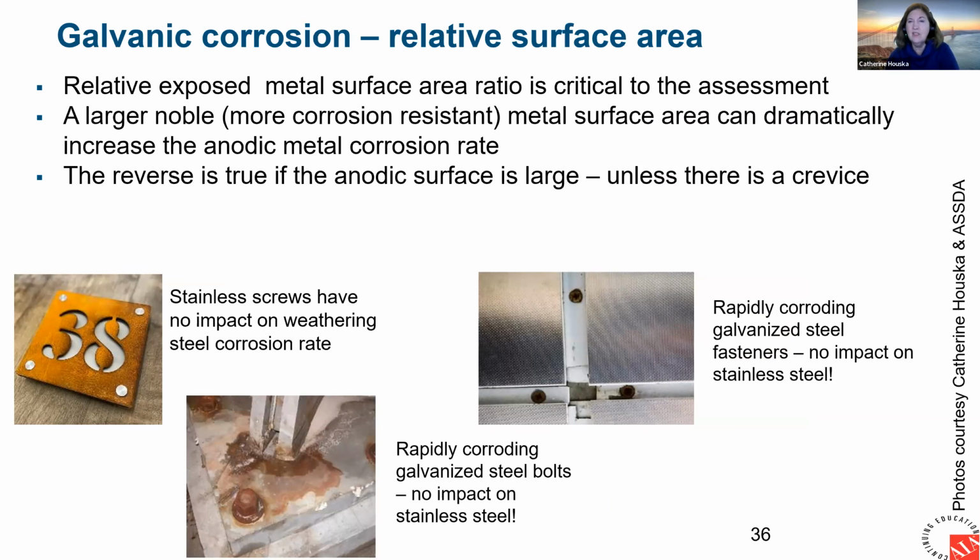It's not the stainless steel that is going to be sacrificed. It will be the less corrosion resistant metal. Now, if on the other hand, you have a large surface area of Corten, as I show in the one image, and stainless steel fasteners, they're unlikely to increase that corrosion rate.